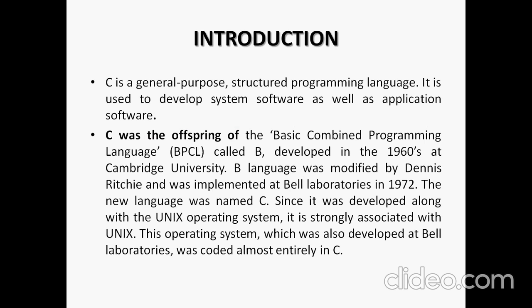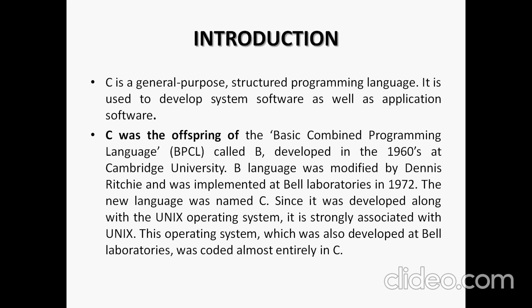C language is a general purpose structured programming language. It is used for developing system software as well as application software. It is an offspring of BCPL, which is called Basic Combined Programming Language, developed in the 1960s.